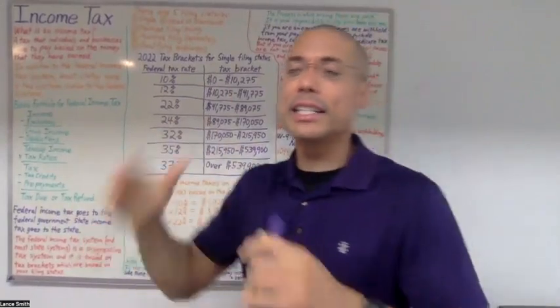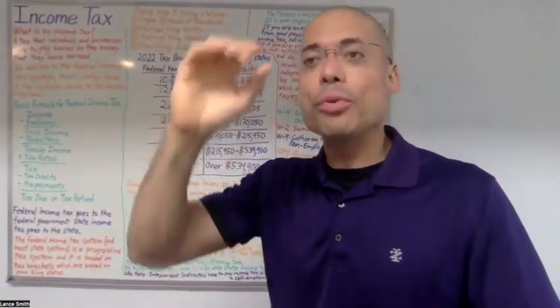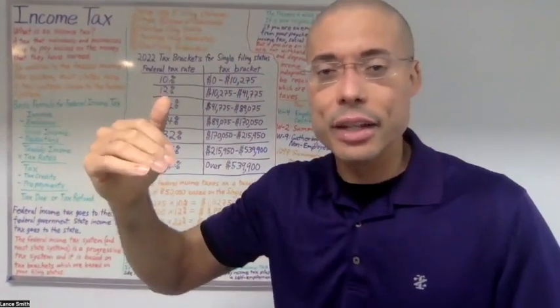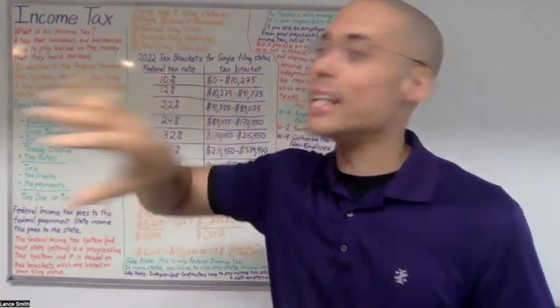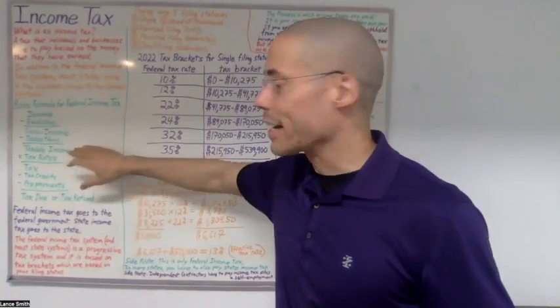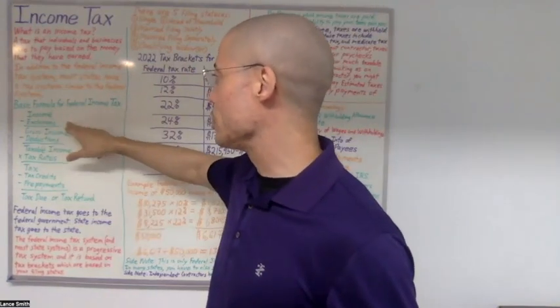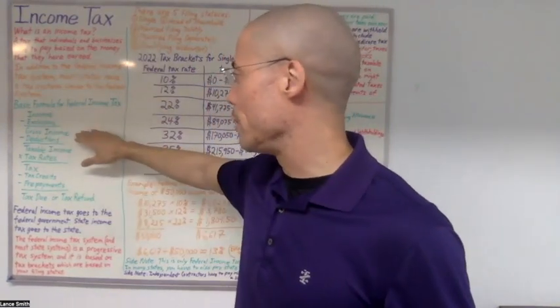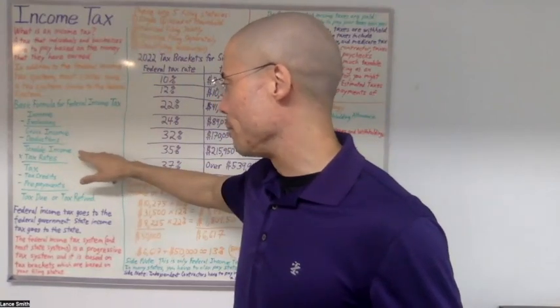And what are deductions? Deductions are items that the tax code allows you to deduct when calculating your taxable income. So again, we've got income minus exclusions equals gross income, minus deductions equals taxable income.